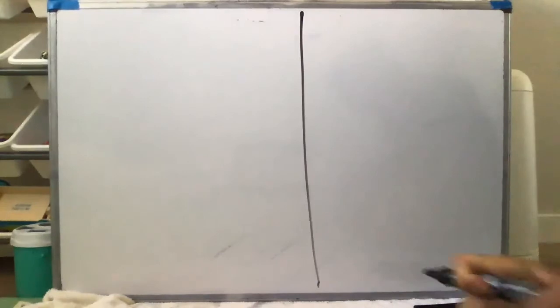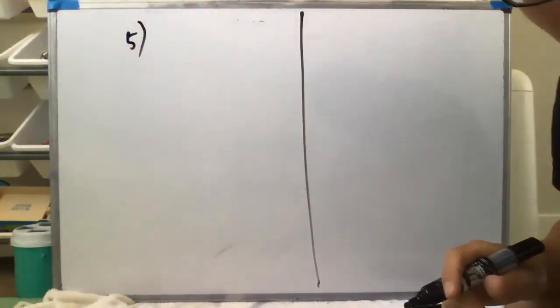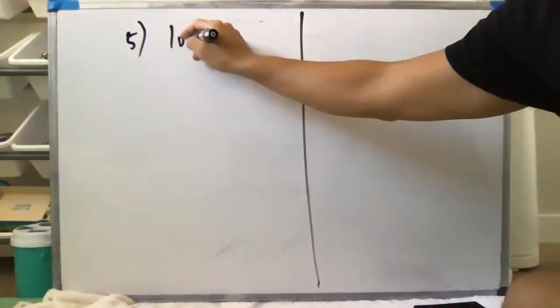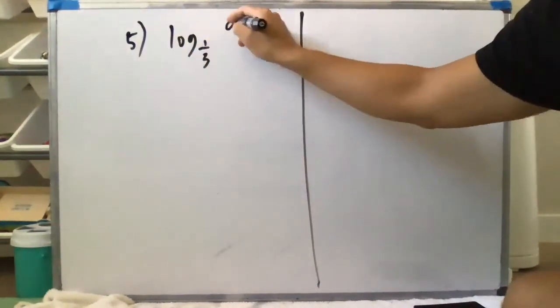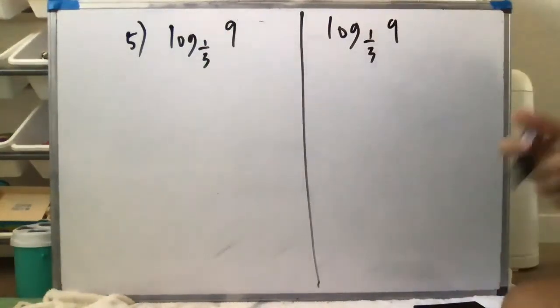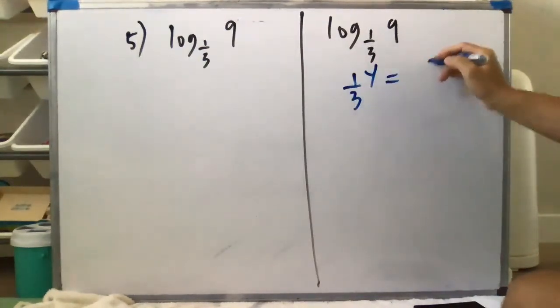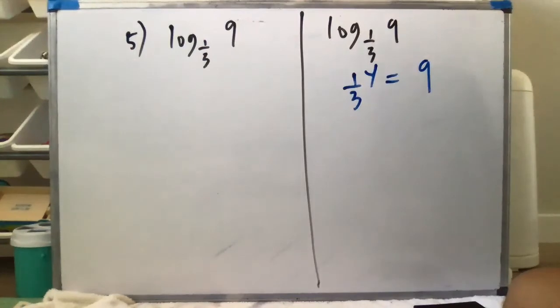Okay, number 5. The question is log base 1/3 of 9. Let's look at the old way again, starting with the old way. This is saying, by definition, 1/3 to some value y is equal to 9, and I want to solve for that y.